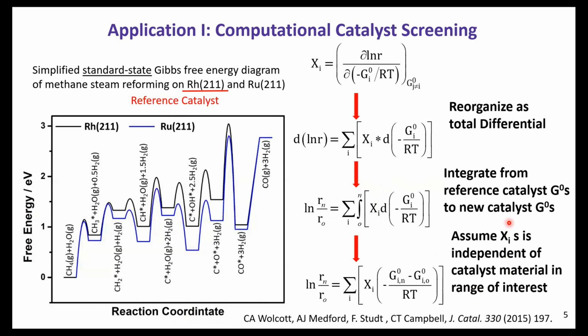So we further assume the DRCs are independent of the catalyst material in a range of interest. And this is the final version of the equation. You can see if we know the degree of rate control of species with the reference catalyst, and we know the energy change from one catalyst to the other one, we can calculate the relative rate from one catalyst to the other one.